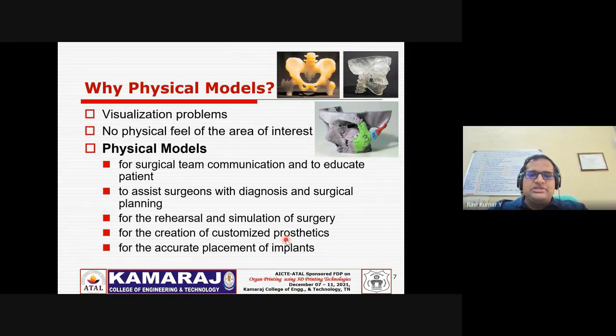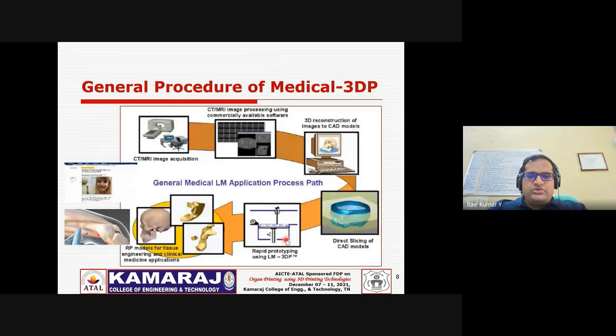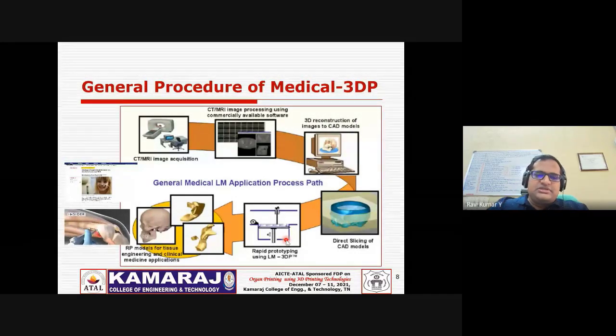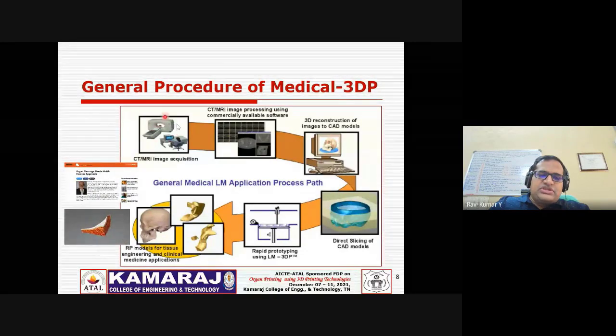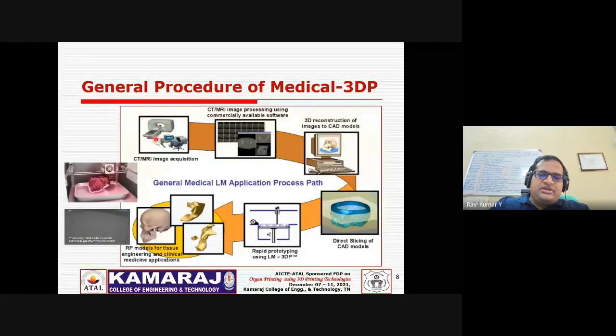So when you use a 3D printing process to make these physical models, we need to start with a CT or MRI of your region of interest.